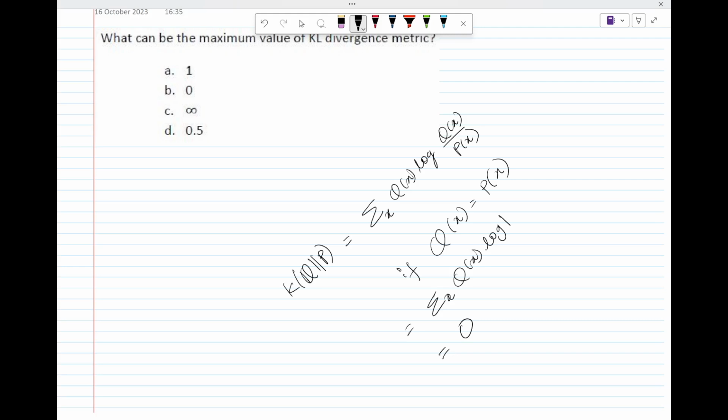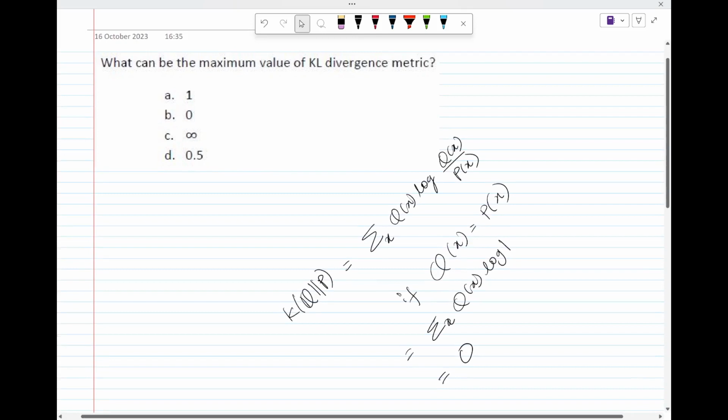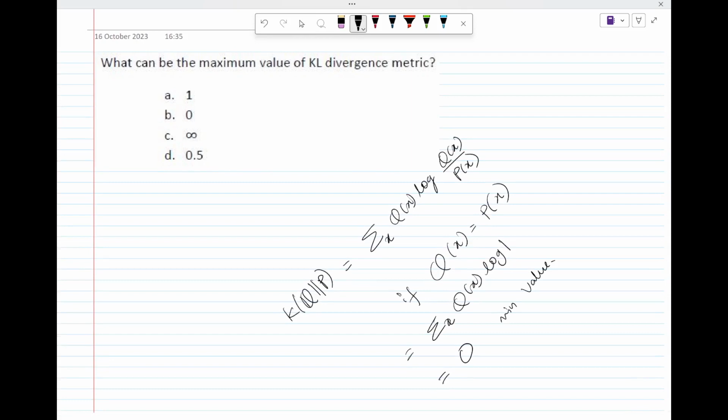Okay. Now what is asked is what is the maximum value? This is the minimum value. And this may not be the minimum value.